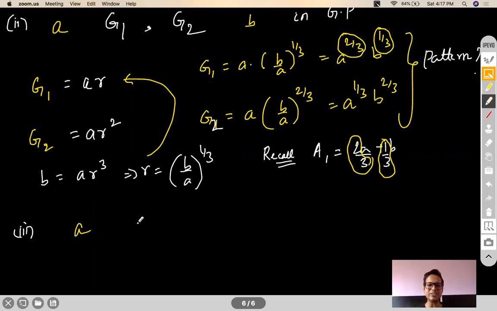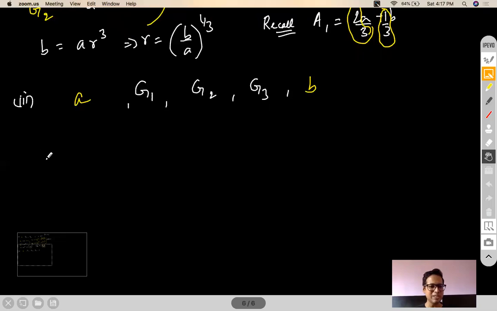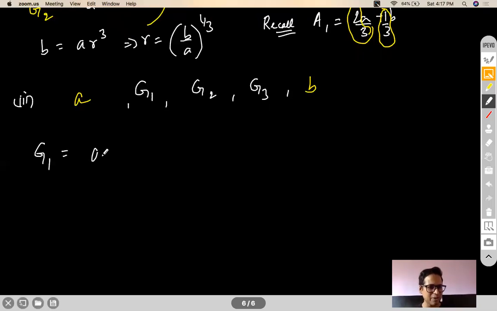Let's say I am inserting 3 geometric means, G1, G2, G3 between A and B. Without solving it, let's try to write down the values of G1, G2, G3. G1 will be nothing but, tell me, A to the power of 3 by 4, B to the power of 1 by 4. Very good. G2, A to the power of 2 by 4, B to the power 2 by 4.